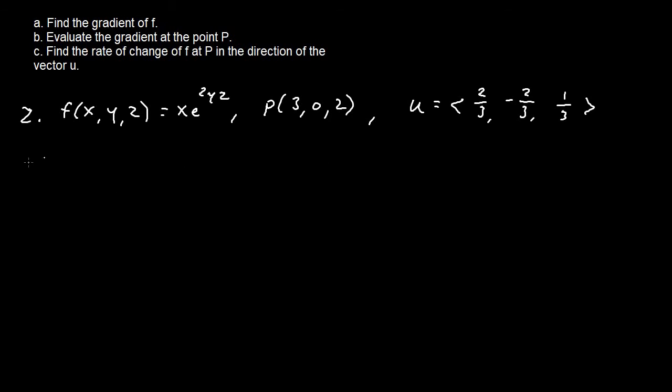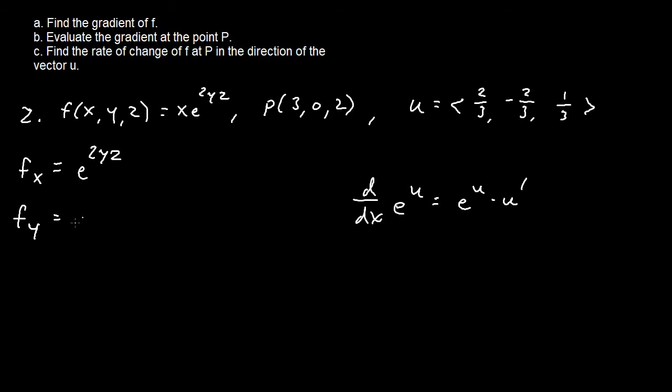So let's first find f sub x. Now x is the variable and everything else is a constant. So the derivative of x times e to the 2yz is just e to the 2yz. Now f sub y: if y is the variable, everything else is a constant. Remember the derivative of e raised to some function u is e to the u times u prime.